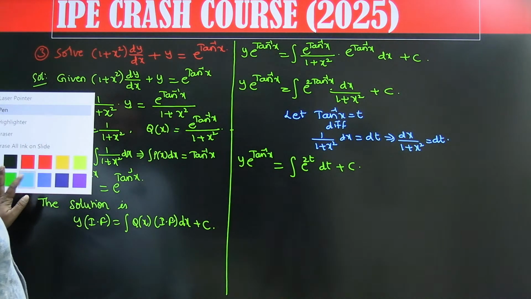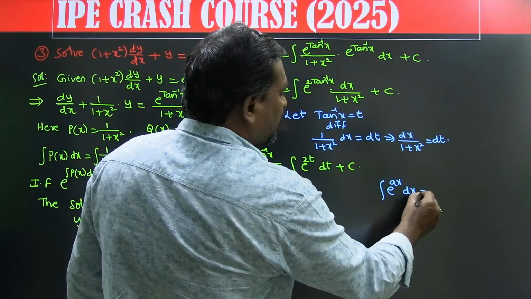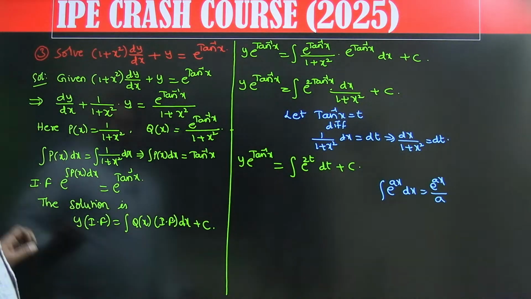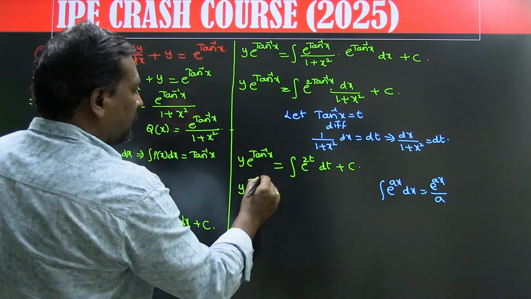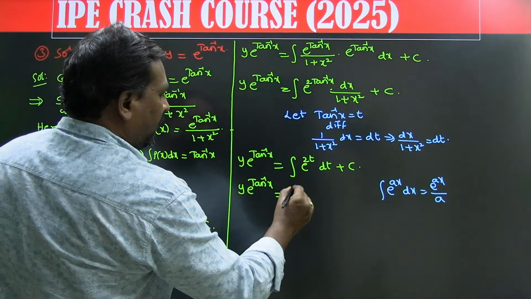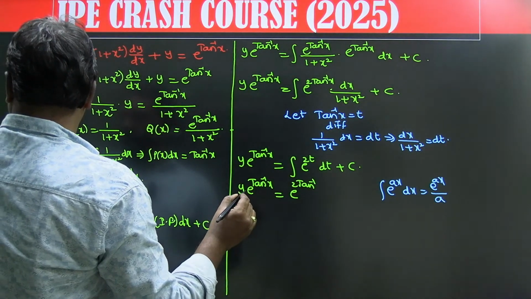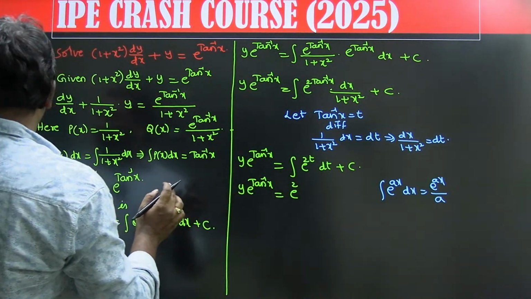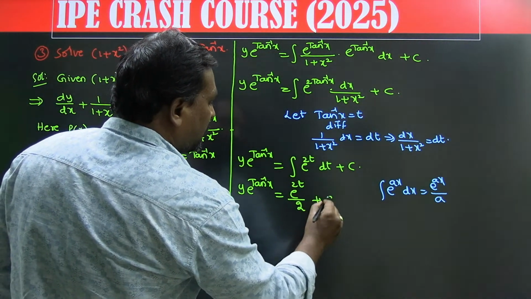Here we have another formula: integration of e power ax dx is equals to e power ax by a. So the integration of e power 2t is e power 2t by 2 plus constant c.